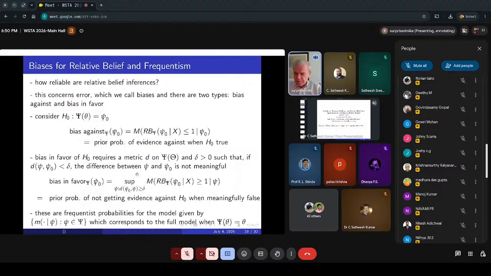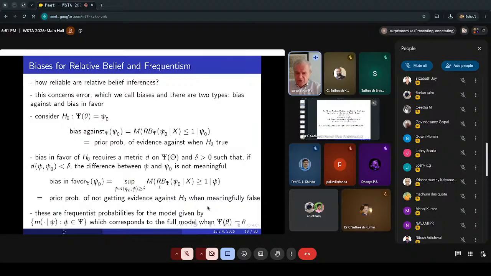If that probability is big, you got evidence against with very high probability, and that's what you were going to get before you even collected the data. So that bias, that error probability, is certainly relevant. This is of course like size in Neyman-Pearson type or typical frequentist testing.